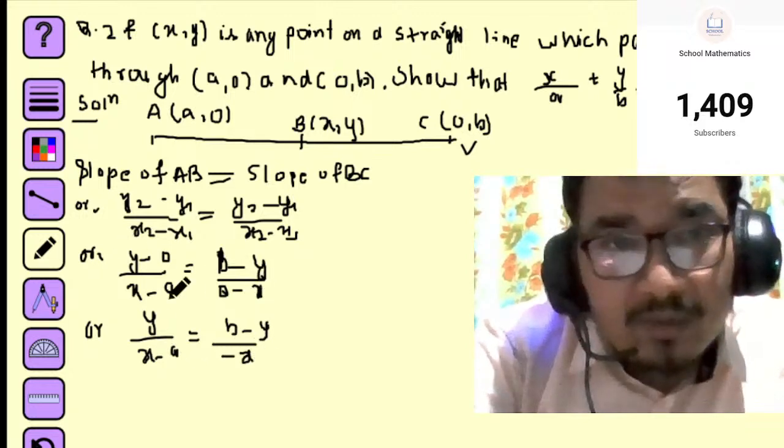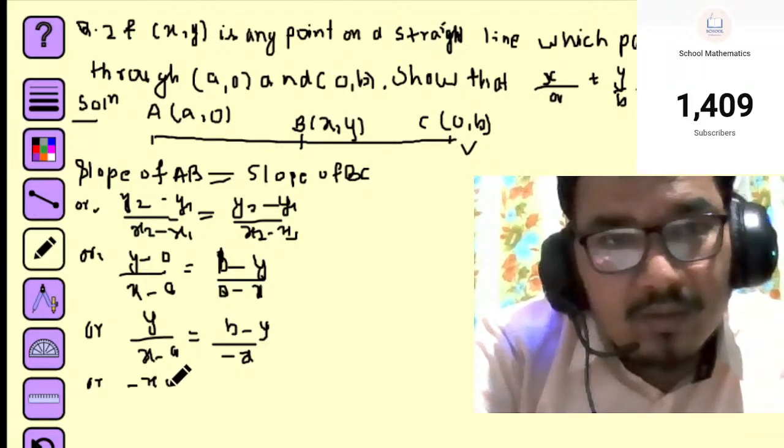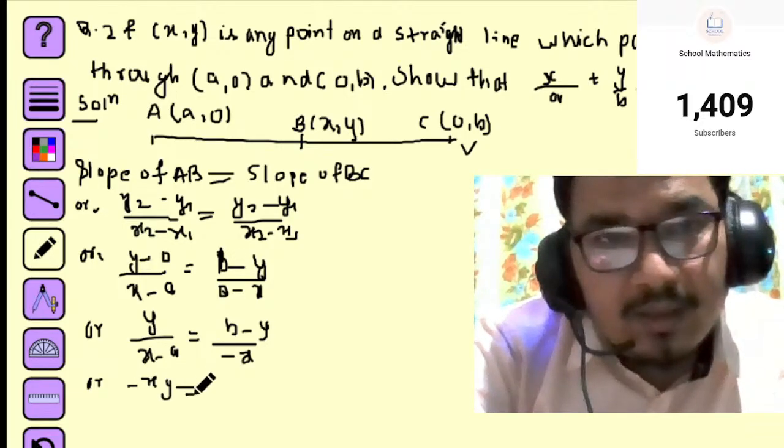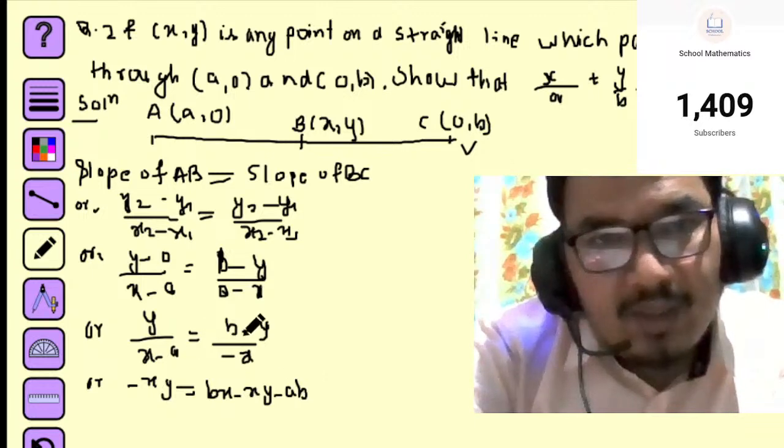Now let's do cross multiply. If you multiply with this, it will be minus xy, and x multiplied with both of these will be bx minus xy, then minus a multiplied with b is minus ab, then minus a with y will be plus ay.